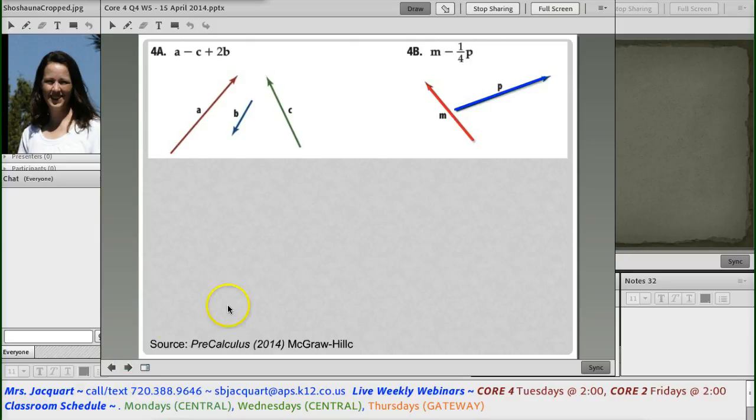So if we were to do M, we're going to start out with M. So we're going to start in our initial point. We'll draw a little arrow. And then we're going to minus P. So that means we're going to go that direction. We're going to head down. But it says that we want P to be 1/4. So that's about 1/2, and that's about 1/4.